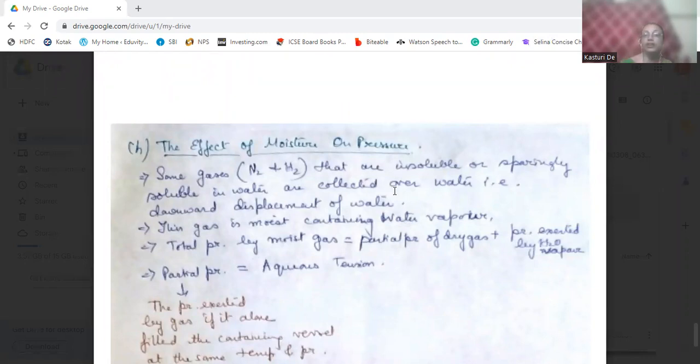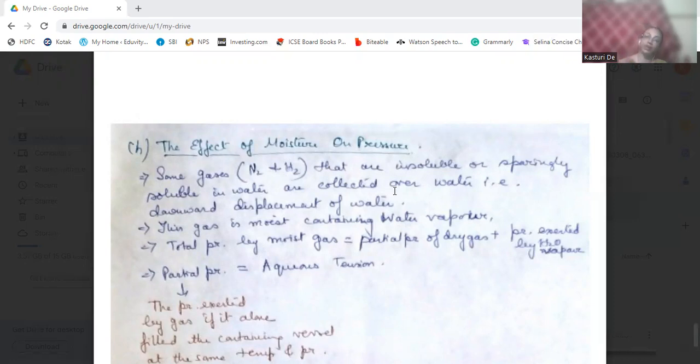The effect of moisture on pressure. What happens if there is moisture in the gas? What will happen to the pressure? Some gases like nitrogen and hydrogen are sparingly soluble or insoluble in water, so they are collected over water by downward displacement of water.